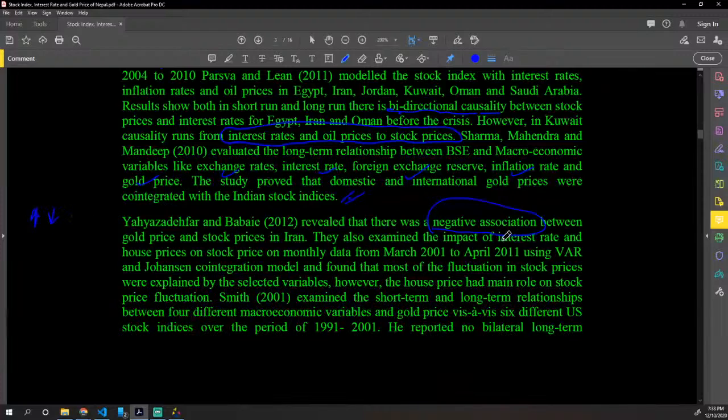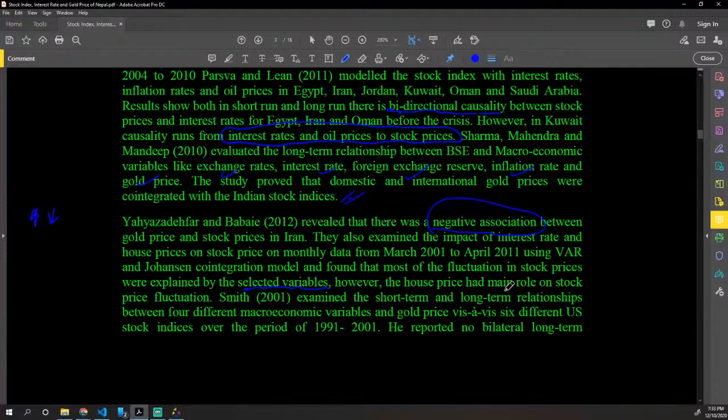They examined the impact of interest rate and house prices on the stock market on monthly data from March 2001 to April 2011 using VAR and Johansen co-integration model, and found that most of the fluctuations in the stock market were explained by selected variables. However, house price had the main role in stock price fluctuations.